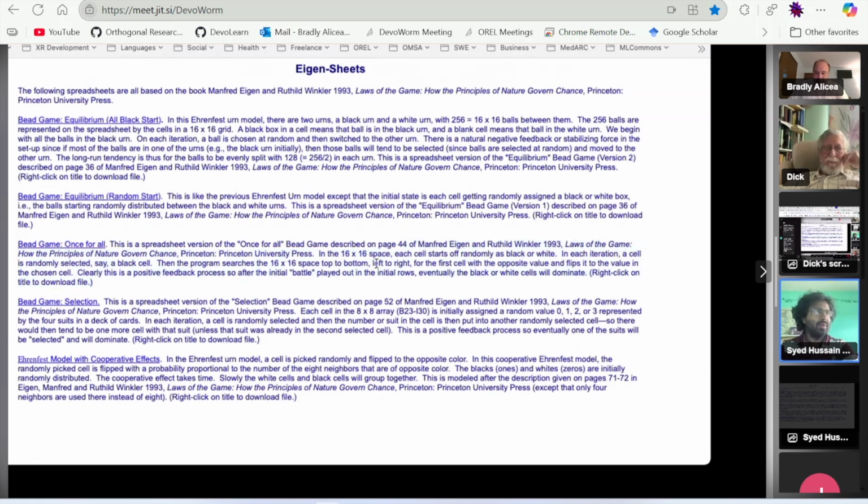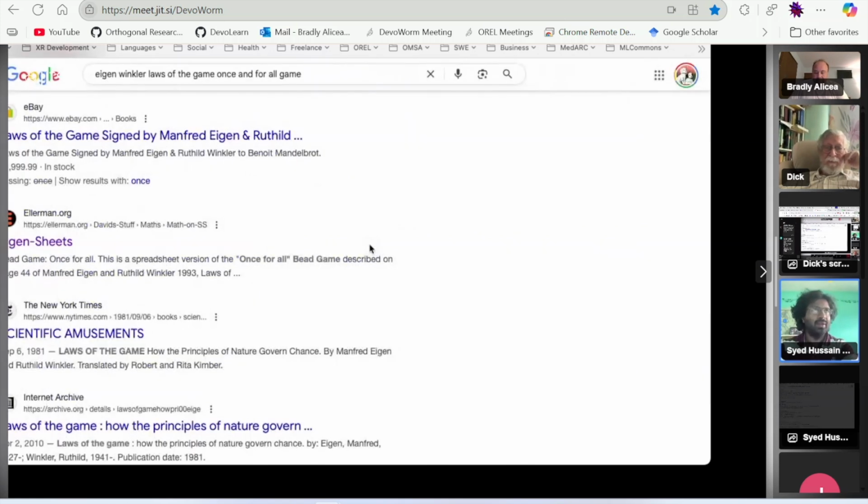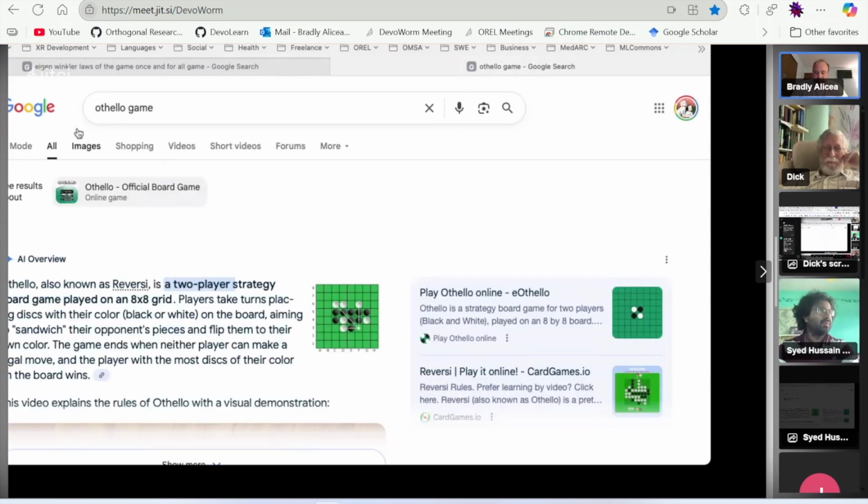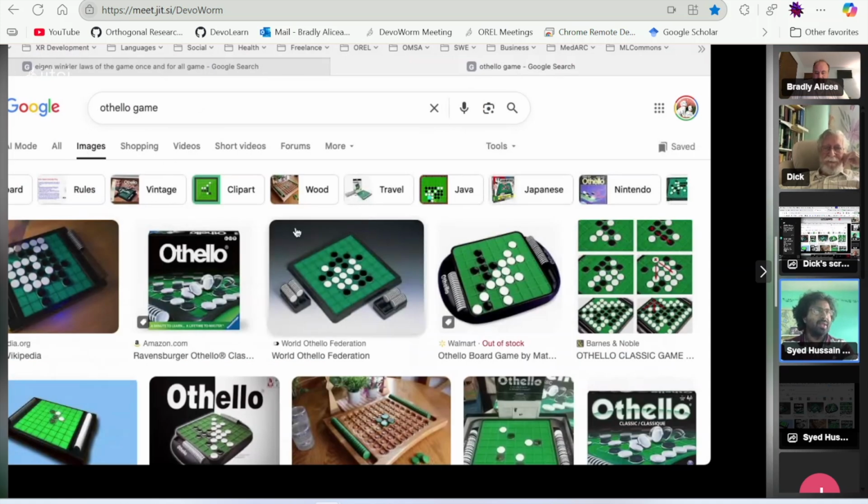I think it's like Othello. You guys know Othello. That's the one where you place pieces, and when you surround your opponent, you flip them all to your color.